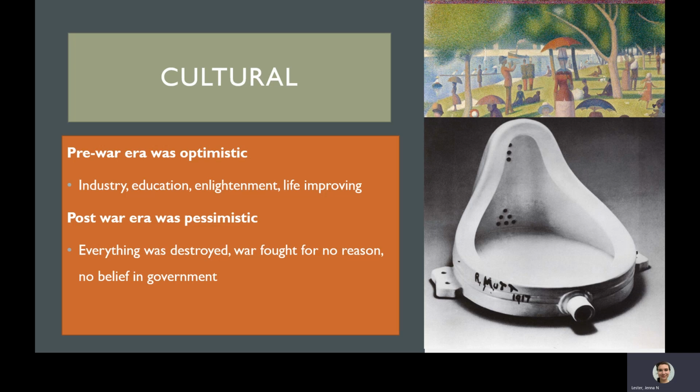People were being educated. There was enlightenment. Life overall was improving. So this very scenic scene by a French river is very idyllic, very peaceful, very nice. This is how people felt about the world before World War I.